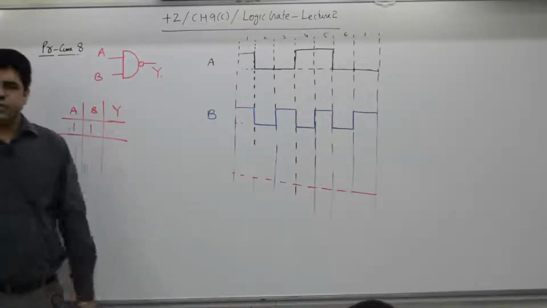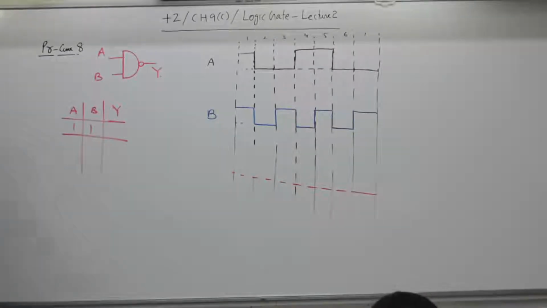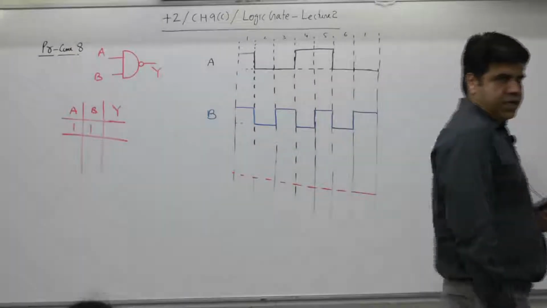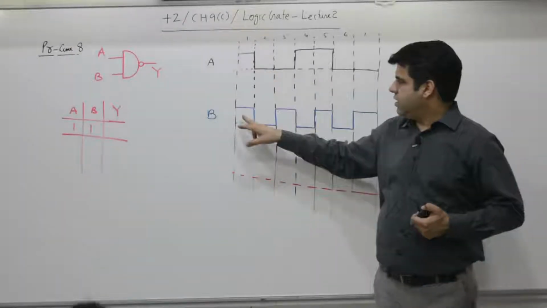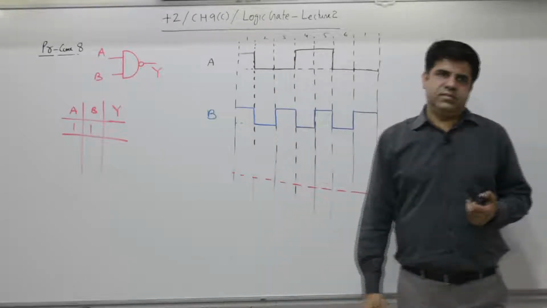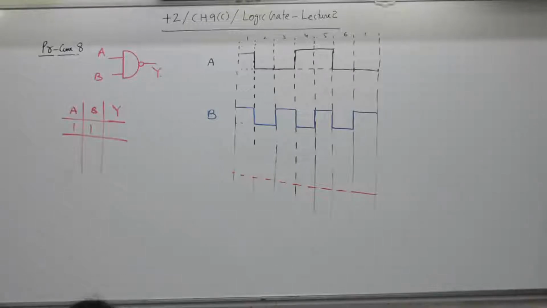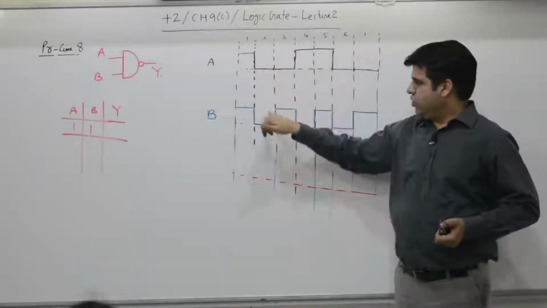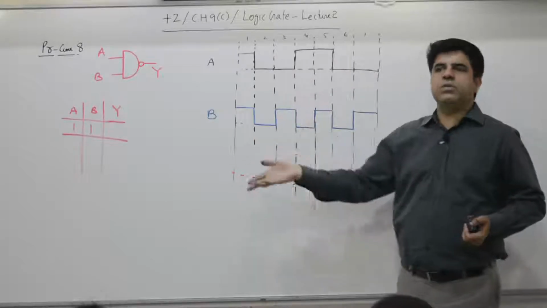Do the NAND operation. 1 1 0 0, check. 1, this is also 1, do the NAND operation there. Then what will come second? A is 0, B is also 0. Do the NAND operation like that.